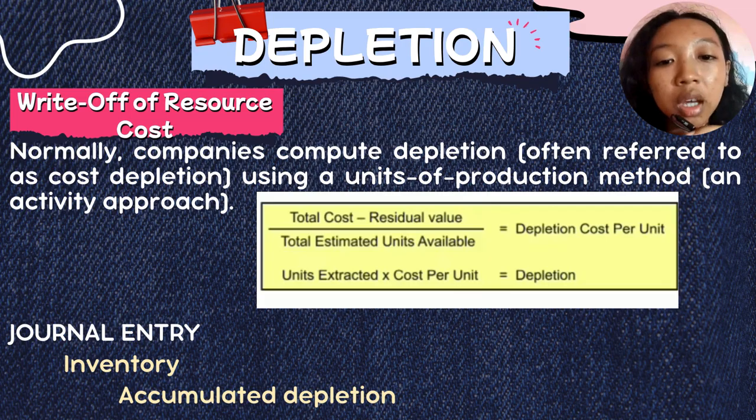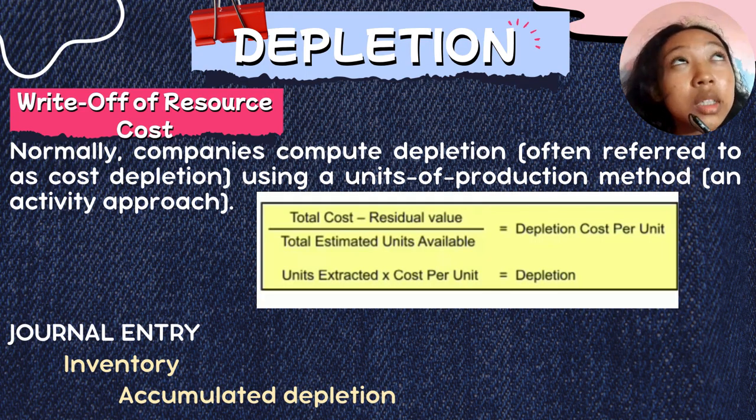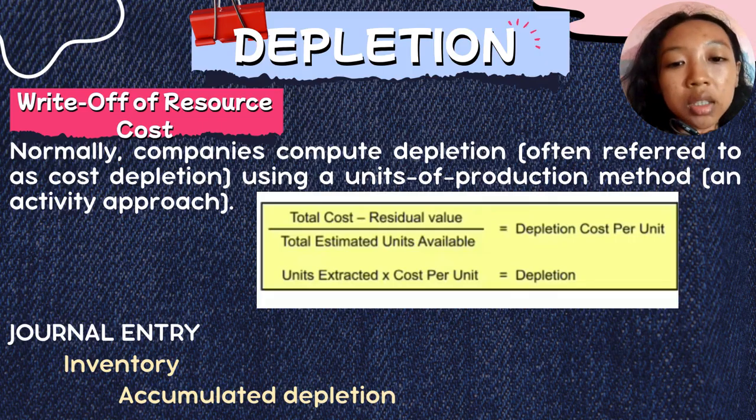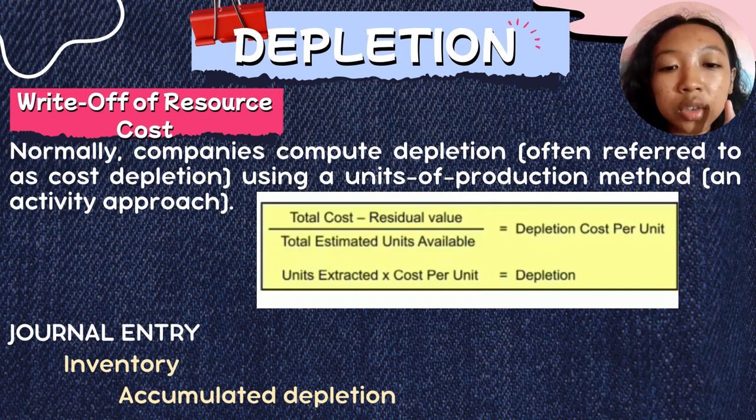Companies usually compute depletion using the unit of production method or an activity approach. To compute the depletion cost per unit, we use total cost minus residual value, then divide by the total estimated units available, and then we get the depletion cost per unit.